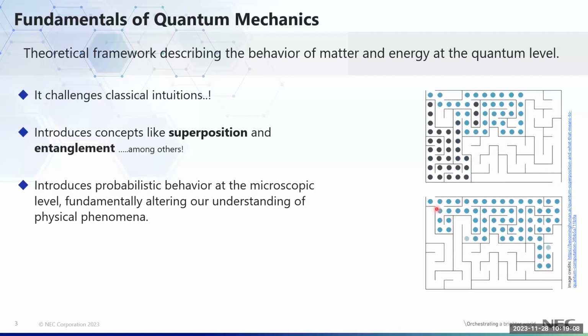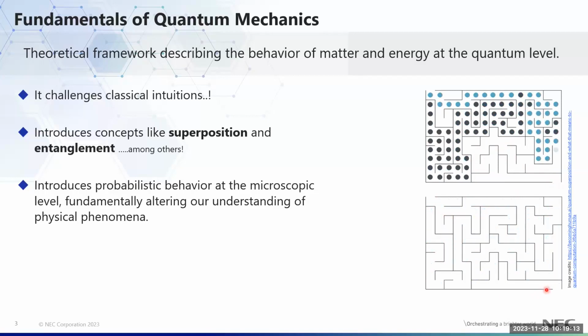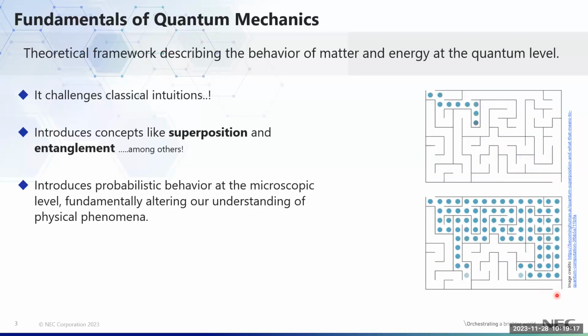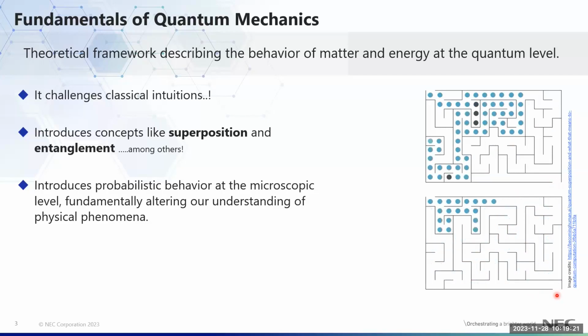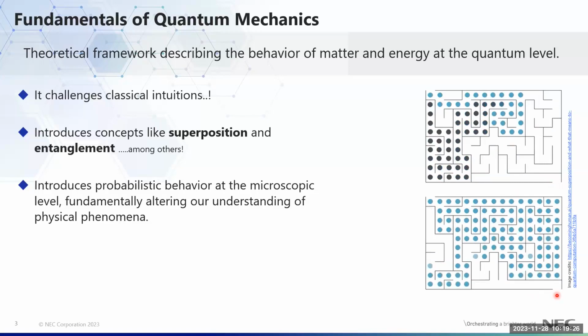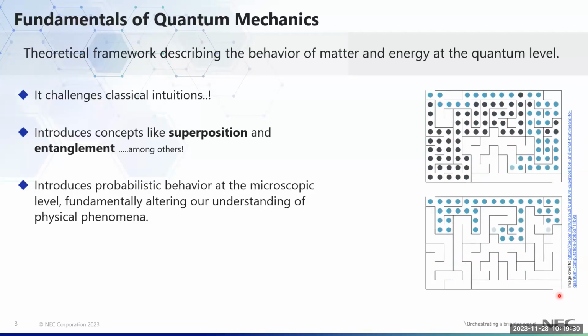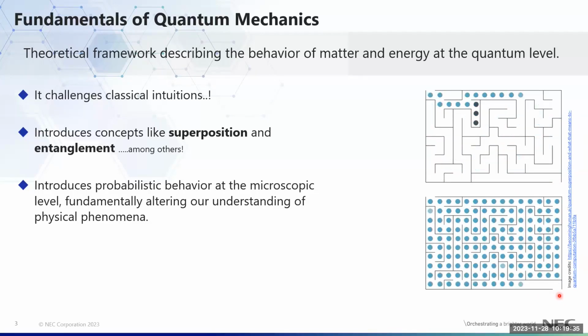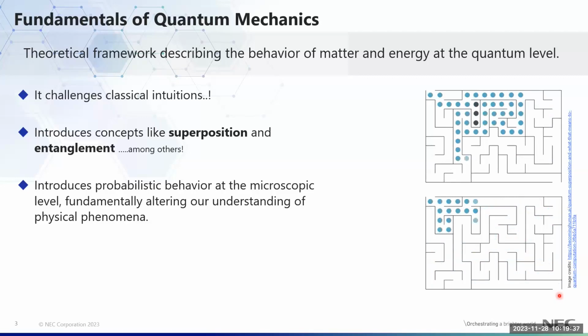But in the quantum world, you are able to just traverse all paths together instantaneously and eventually find the exit path. So it's not exactly an iterative process where you're going through every possible path just to ensure which one was the most optimal or which one was the most correct. So this is the analogy which we will use further in this lecture to understand how quantum annealing works.